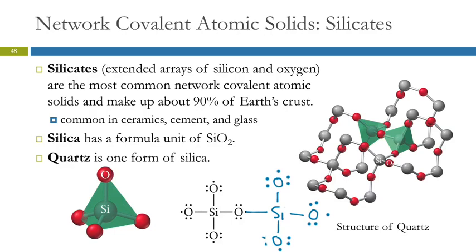And then those oxygens aren't happy either, so this oxygen is going to bond to another silicon. And that silicon is going to bond to 4 oxygens. And it just keeps going like that.